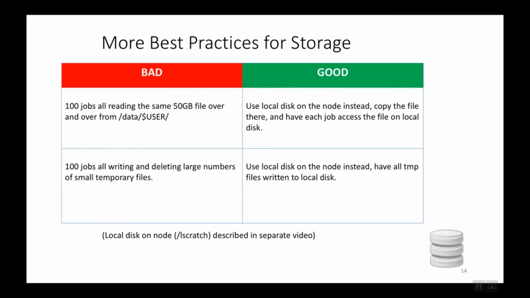Likewise, be careful about your file access patterns. If you have 100 jobs all reading a copy of the same file out of your data or home directory, you will very quickly saturate the shared network file system. You should use local disk on nodes, and you should copy files there and have each job access the file on local disk. It's important to note, if the jobs are only going to access the file once, well, your copy accesses the file once, and therefore there's no real advantage to copying to local scratch.